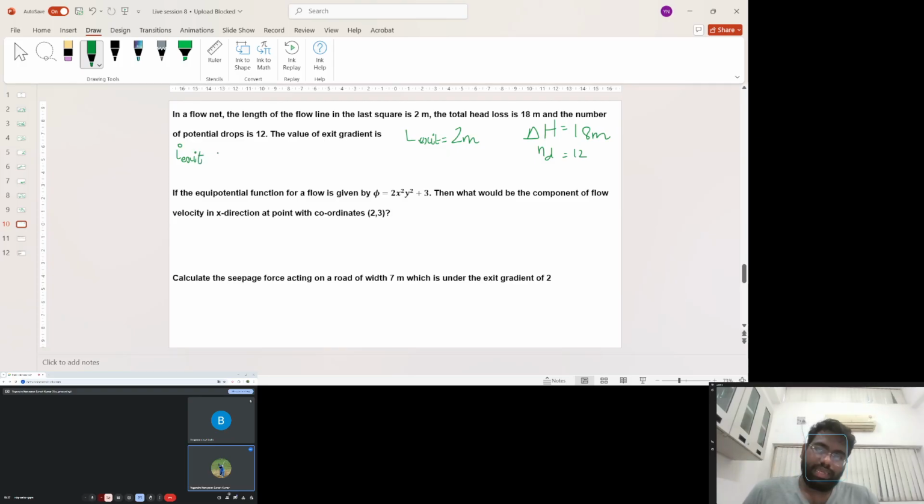How we will calculate I exit is delta small h, which is the head loss for the particular flow grid, divided by the length of the exit flow channel.